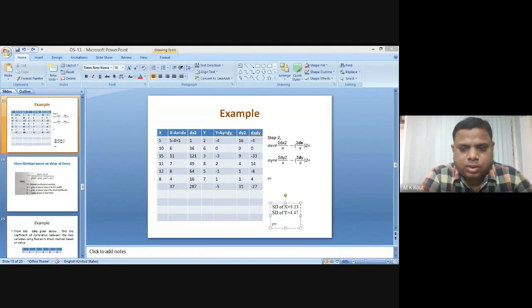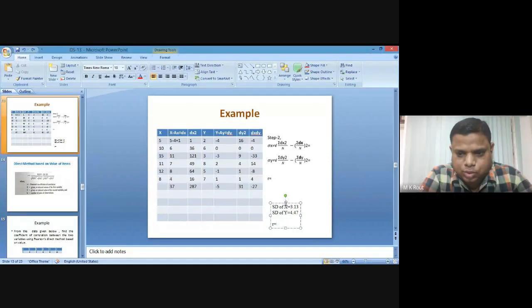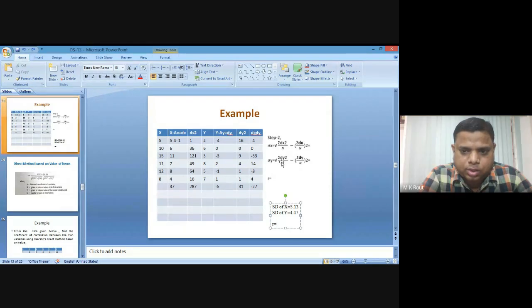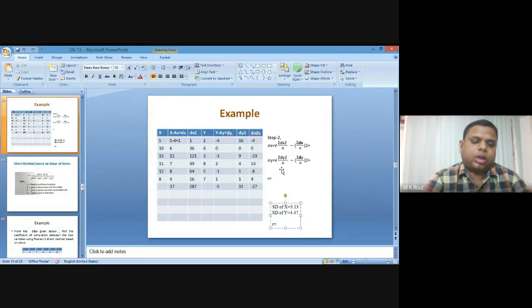Sir, standard deviation of y is equal to 2.11. Square root of 2.11. Under the square root you have summation of dy square.